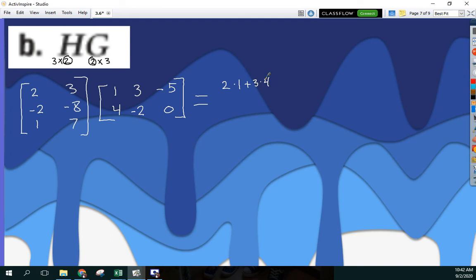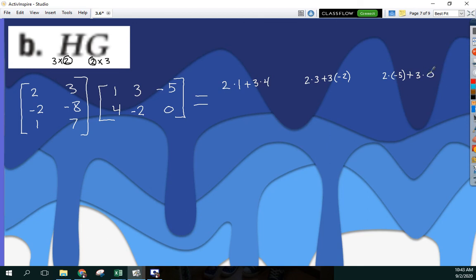So then going on to our second column, but still using that first row, we have 2 times 3 plus 3 times a negative 2. And then lastly, our last column, we have 2 times negative 5 plus 3 times 0.